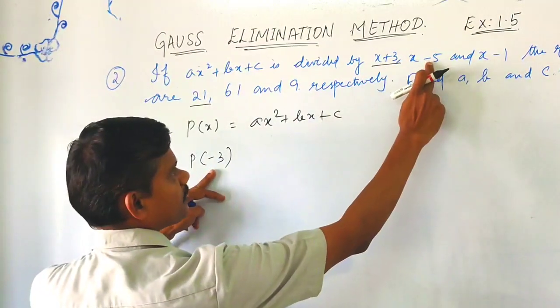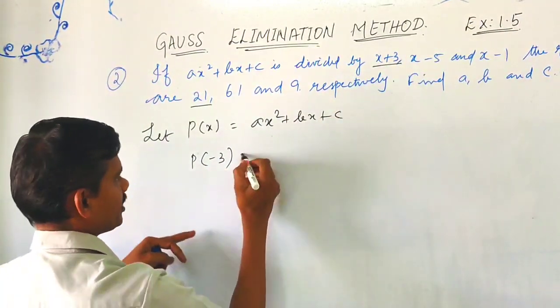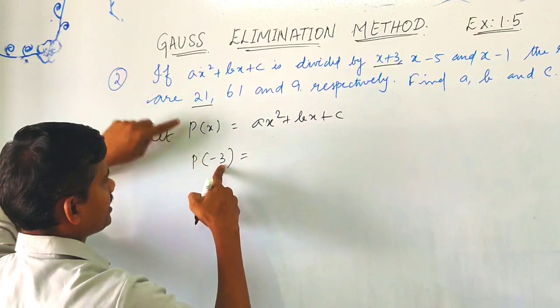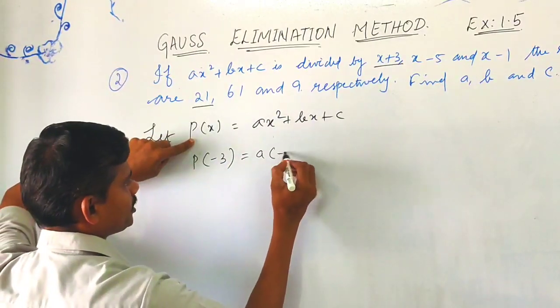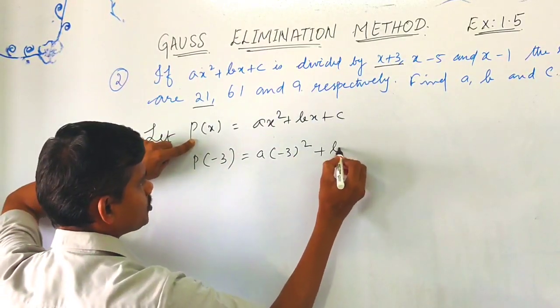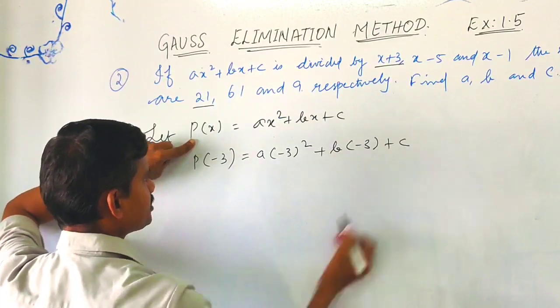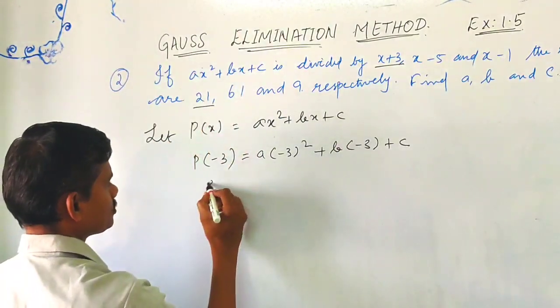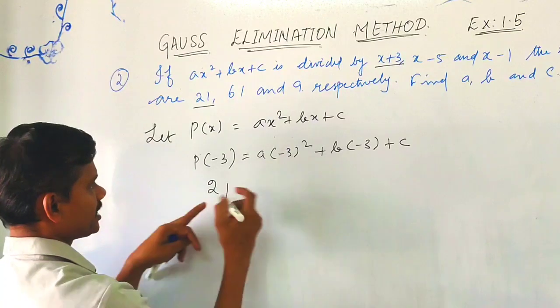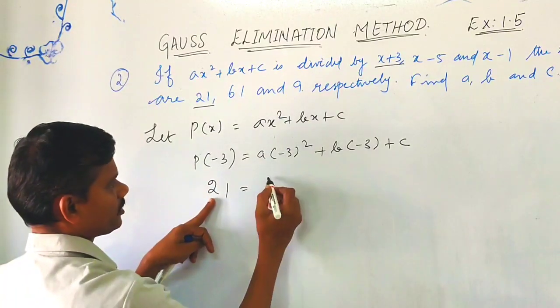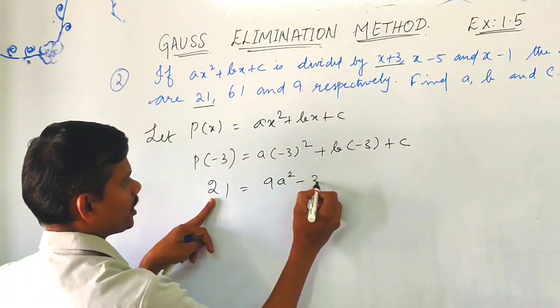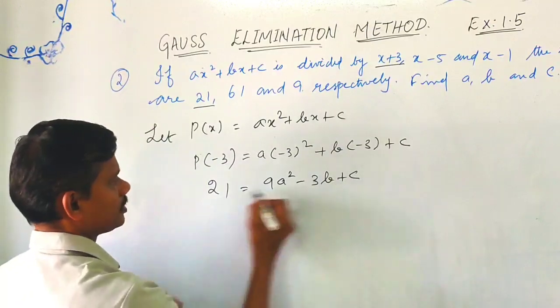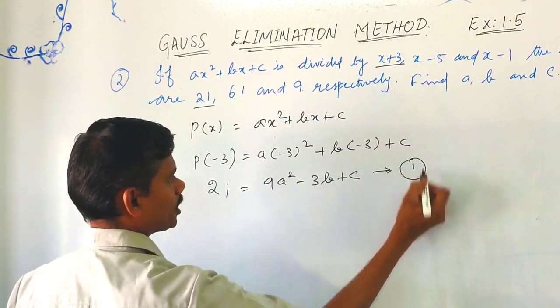When you divide with x minus 5, we have to substitute plus 5. So substituting minus 3 for x: a into minus 3 square plus b into minus 3 plus c. So the remainder is 21, so p of minus 3 is 21. If you simplify, you get 9a minus 3b plus c. Name this as equation 1.